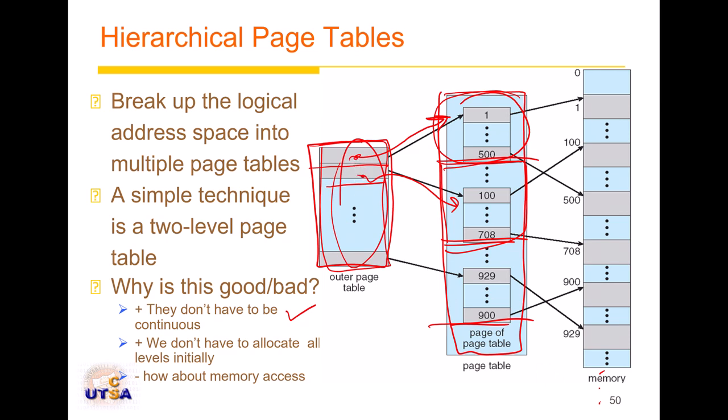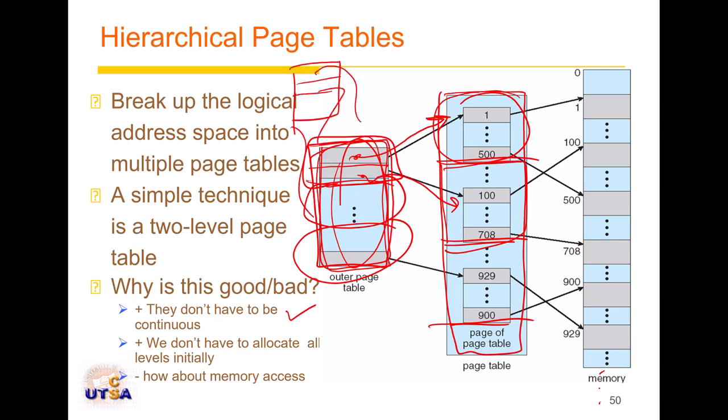And if that page table is big, we can further divide that one into similar size pages, store all these in different places in the memory, and have another, maybe a little bit smaller page table to access each of these pages. So that will create a 3-level paging system basically. So that can continue. Okay, that's one good thing.